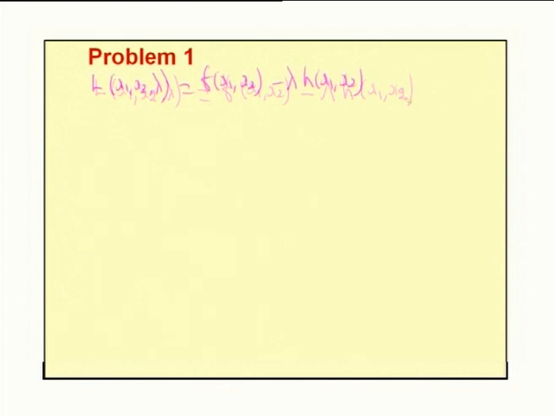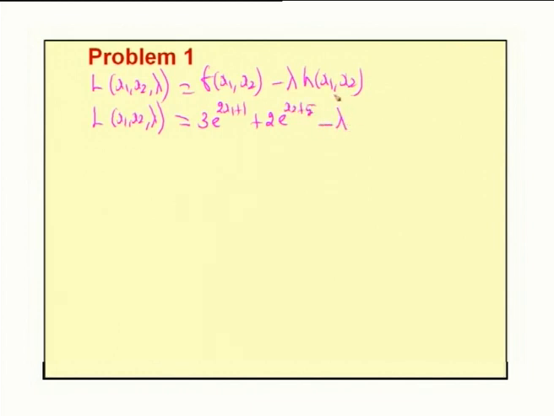For the given NLPP, the Lagrangian function is L(x1, x2, λ) equal to our objective function 3 e^(2x1+1) plus 2 e^(x2+5) minus λ into our h(x1, x2), which for this problem is x1 plus x2 minus 7 equal to 0.